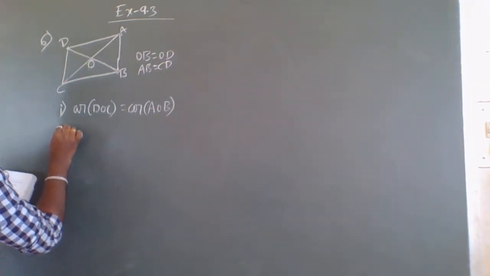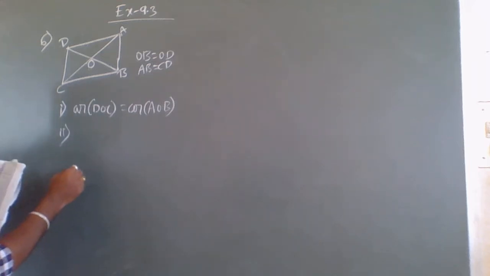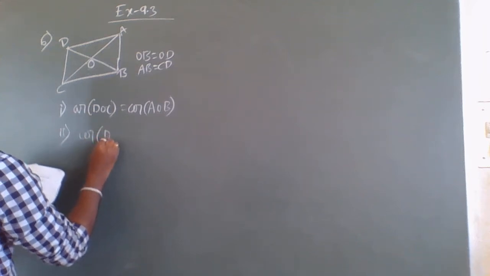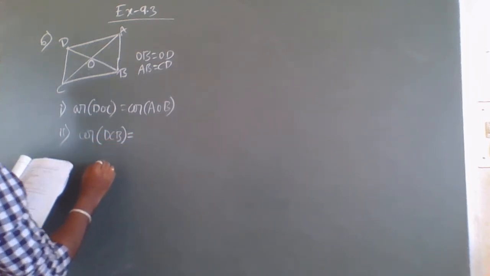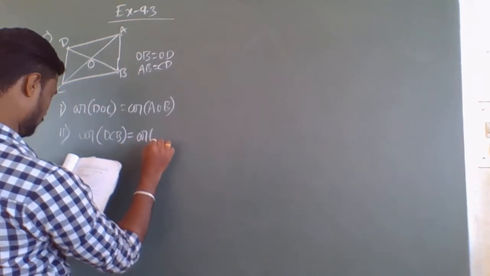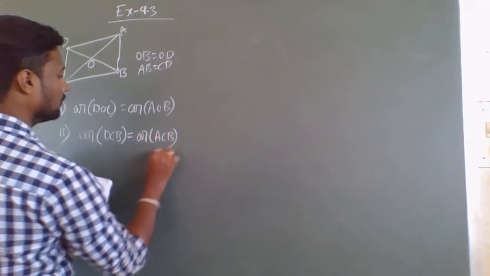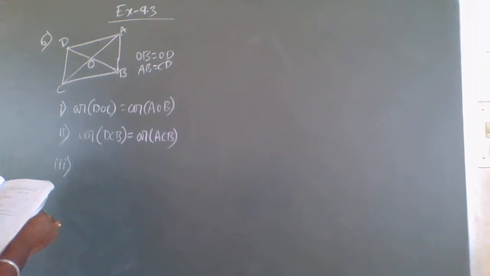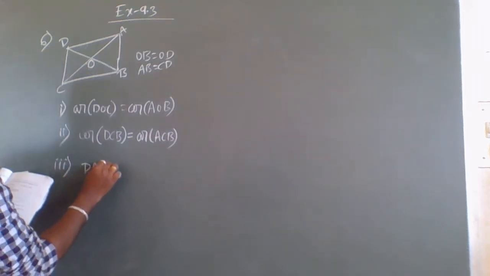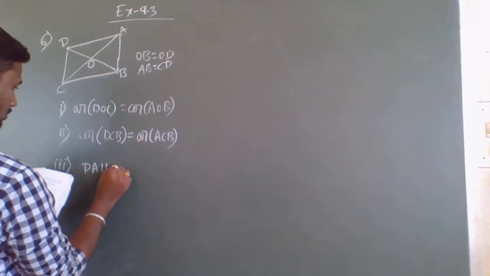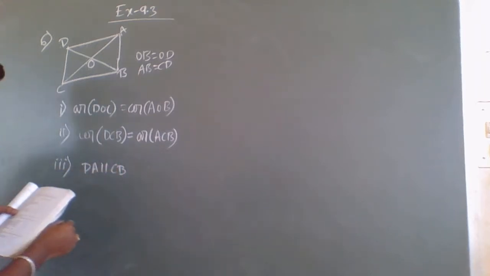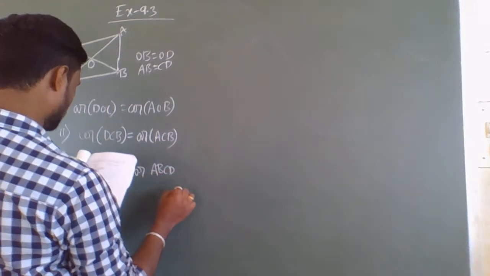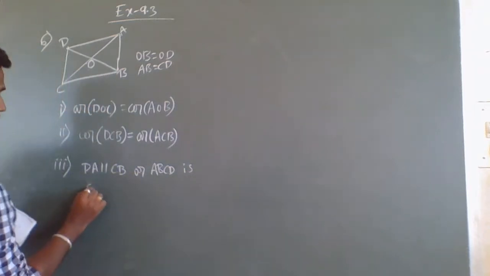Second, area of DCB equals area of ACB. Third, DA is parallel to CB, or ABCD is a parallelogram.